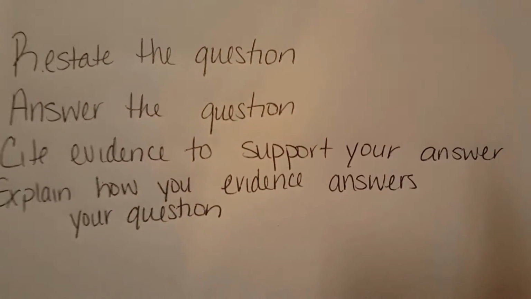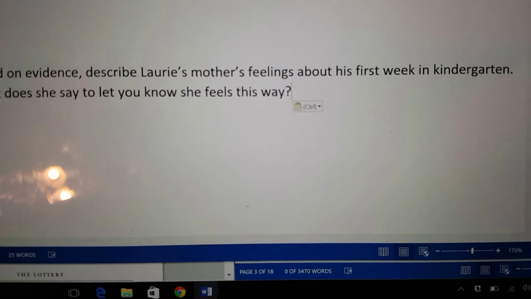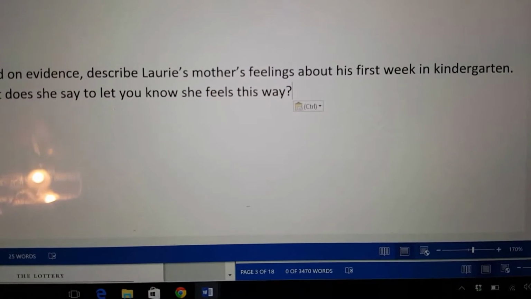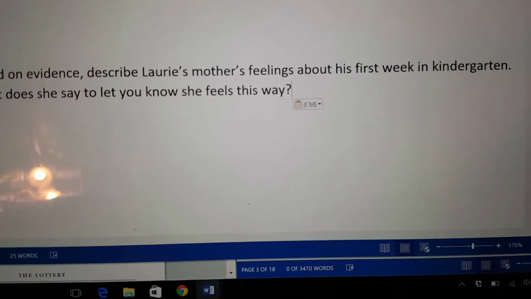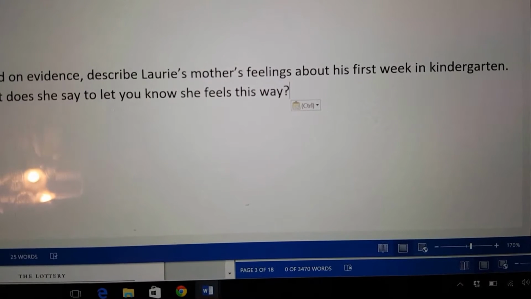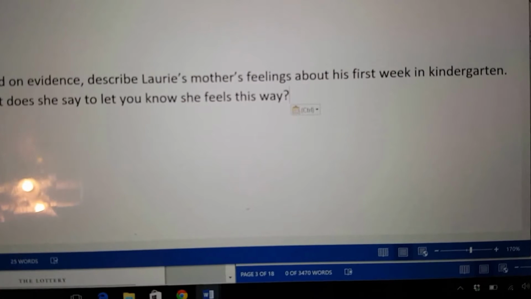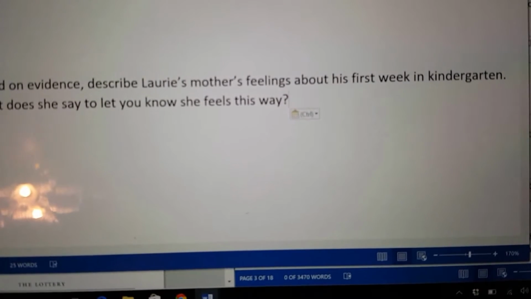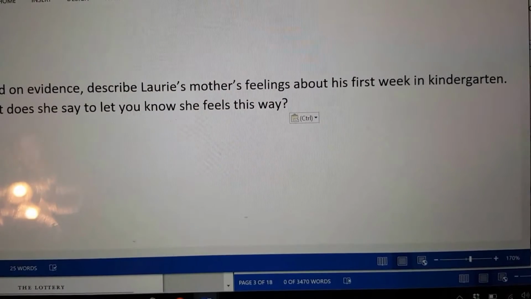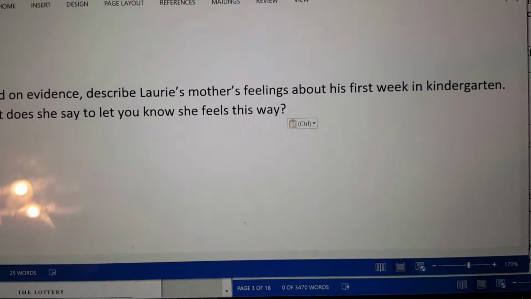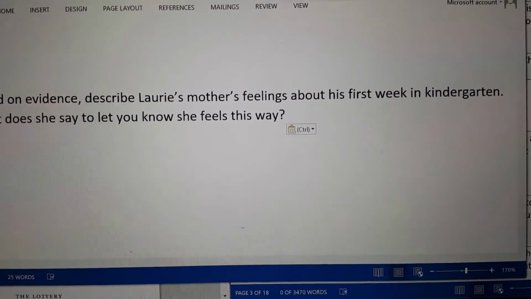homework. Okay, so this is the question that I chose. It says, based on evidence, describe Lori's mother's feelings about his first week in kindergarten. What does she say to let you know she feels this way? That is asking you two separate questions.